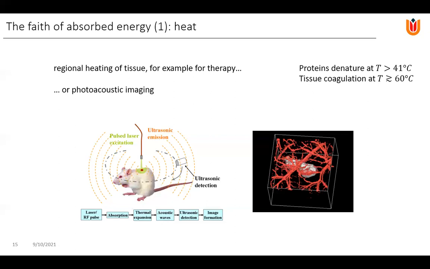You can do this, for example, around tumors. So tumors are really strange tissue. Tumors are very invasive. They want to grow. They do not care too much about having a proper vascular structure.